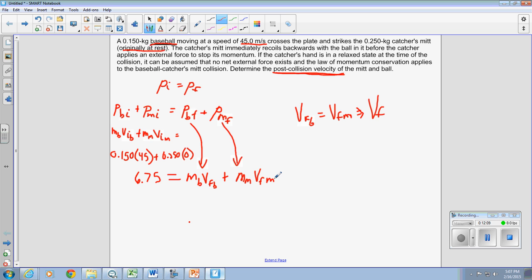So we can call it the same unknown variable. Essentially we can replace VF final for the ball with VF. The mass of the ball times VF plus the mass of the mitt times VF. So now we have one unknown variable.